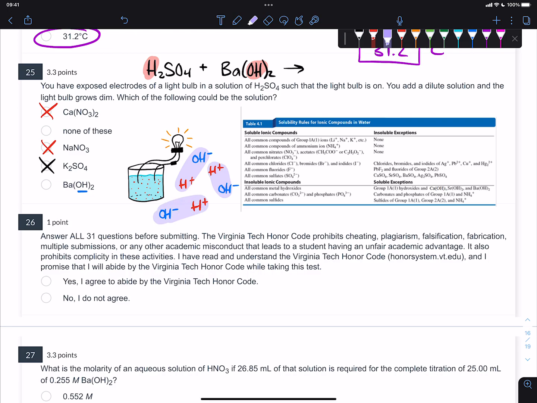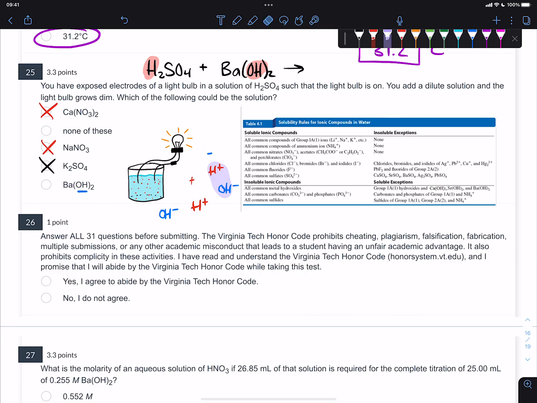So you're actually going to have a net reduction in the number of ions present in this solution. That's because you're taking some of the hydrogen ions, which help with the conductivity, and adding hydroxide ions, but those are going to link up with the existing hydrogen ions and you're going to end up getting water.